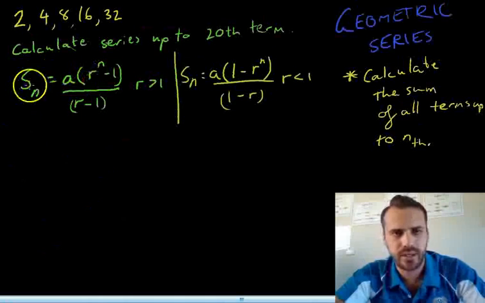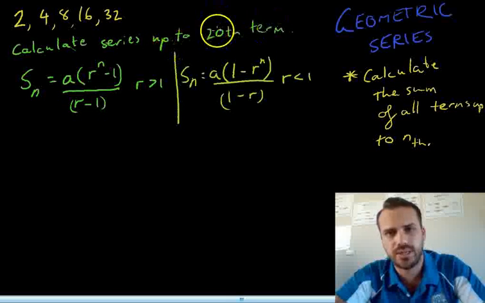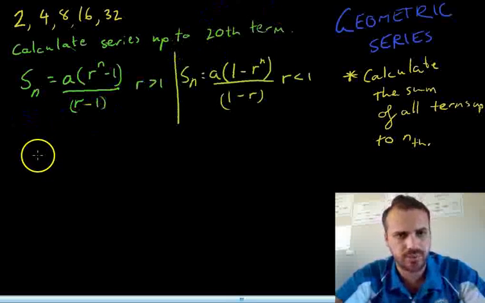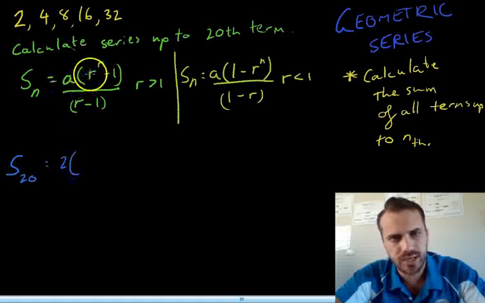Okay, so now that we've got our two formulas, we can answer this question pretty easily. Calculate the series up to the 20th term. That includes the 20th term. So the series up to term 20 is equal to A, the value we start with, the number 2, times r to the power of n.